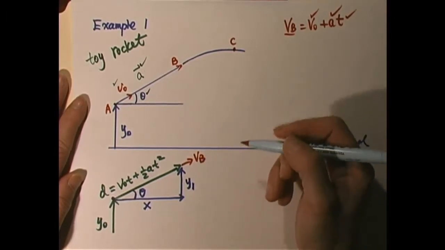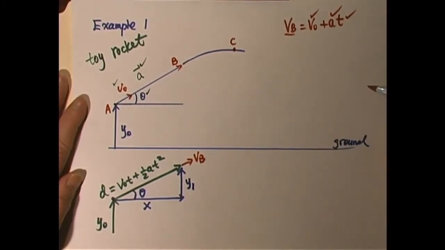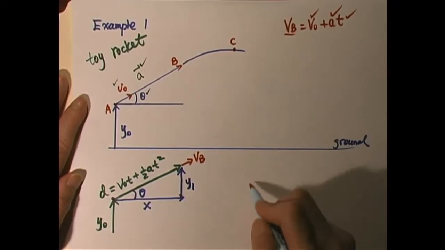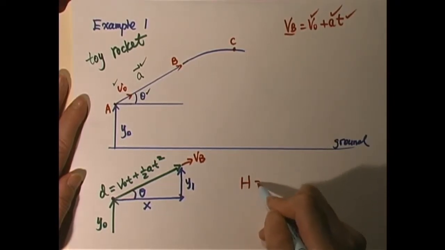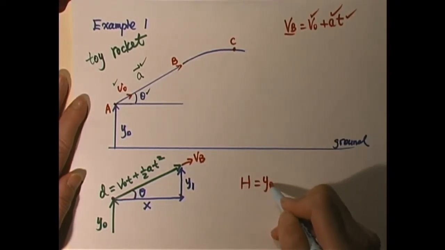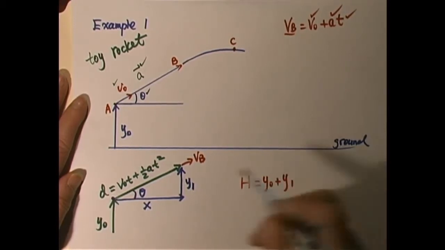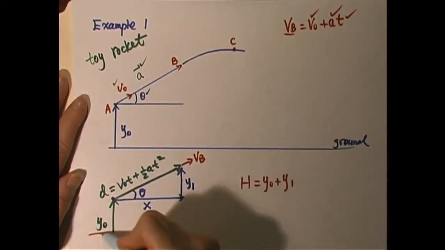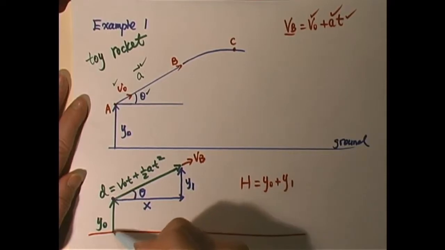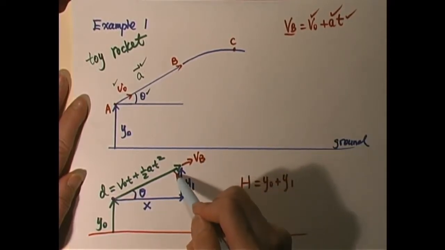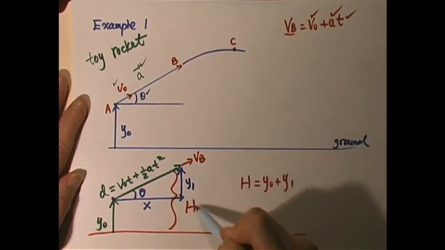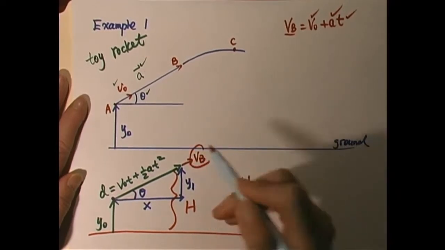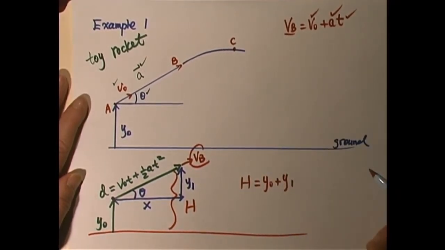So this comes to, if we refer to the previous problem, now we start with a height of y naught plus y1, isn't it? This is how far above the ground. That's capital H, with VB as the initial velocity.